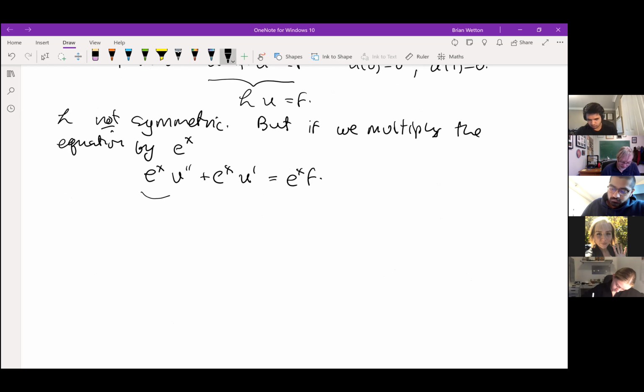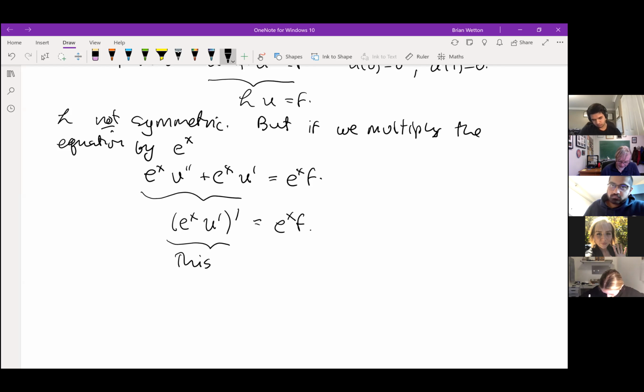And then I notice that this is the same thing as (e to the x u prime) prime. This is symmetric.